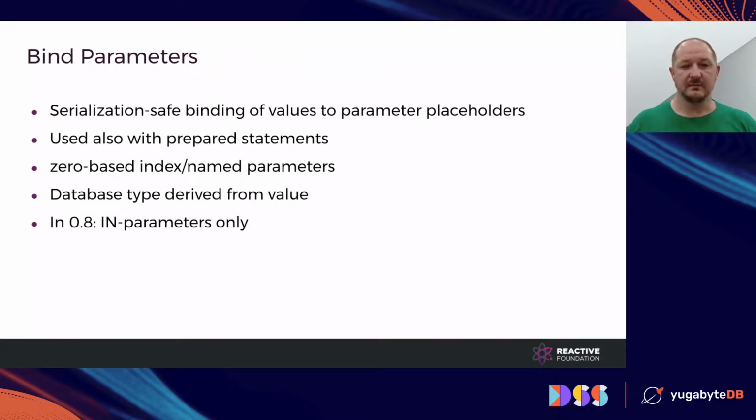Another thing that I picked for you today is to show you how bind parameters are defined within R2DBC. What bind parameters actually are is that they are representations within your SQL statement where the actual value will be provided externally.